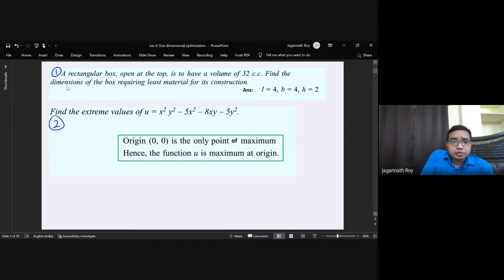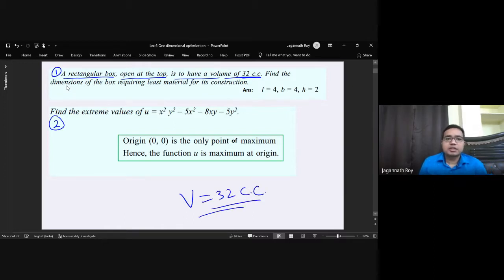So it talks about designing a rectangular box, open at the top, to have the volume of 32 cc. So V is 32 cc. That limit is given. That is a resource constraint.